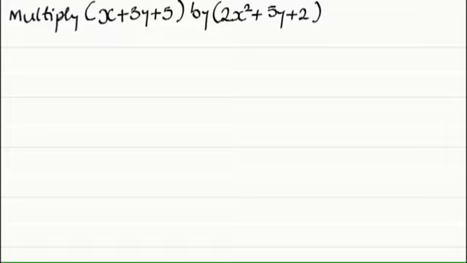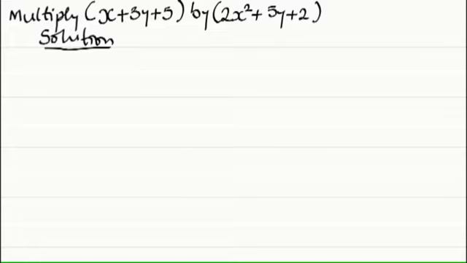To solve a question like this, the first thing we do is write "solution." Then we proceed to multiply the algebraic expression on our right hand side by that on the left hand side.